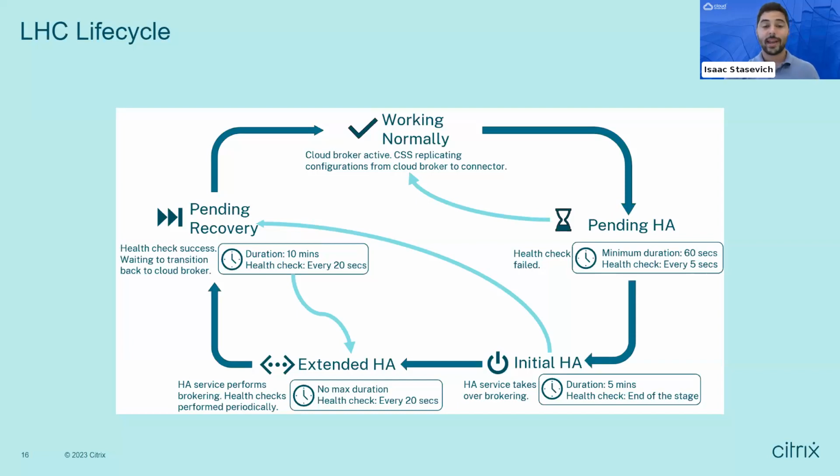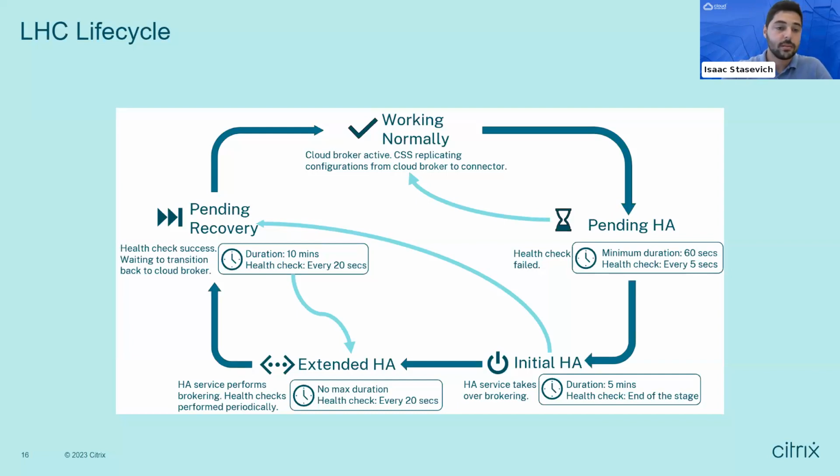They are going to elect a primary broker, and we're going to move into initial HA. At this point, the HA service takes over the brokering, that secondary brokering service. And our VDAs are going to trigger that re-registration process, where we start re-registering with that secondary broker.